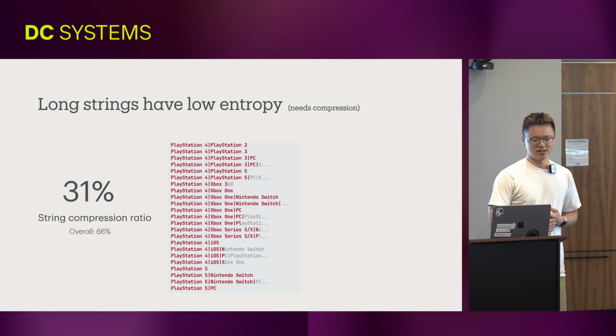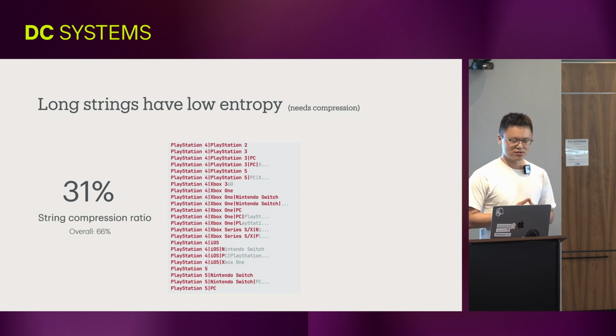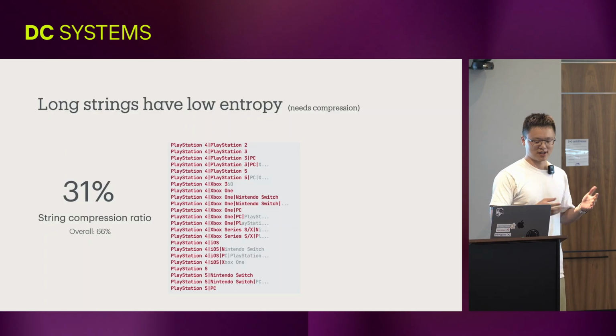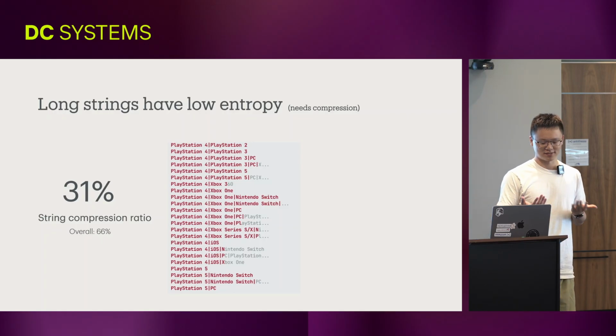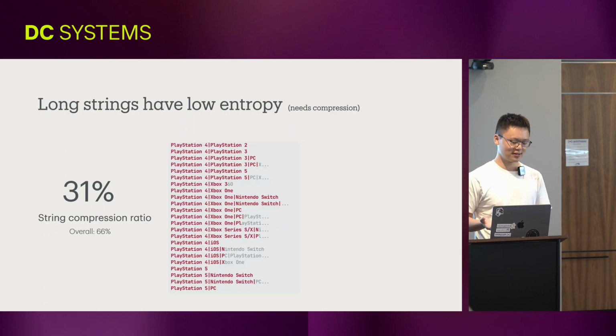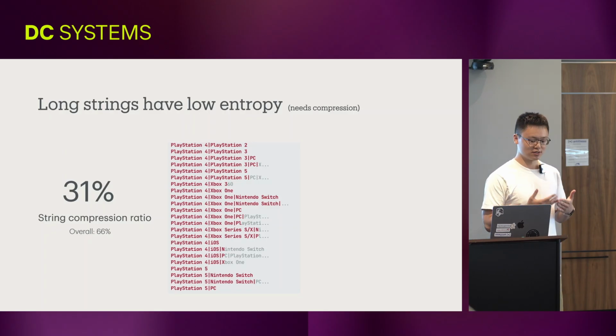We calculated that the string compression ratio is 31%, meaning that 100 bytes goes to 31 bytes after compression, while the overall compression ratio is 66%, confirming that strings have lower entropy than other data, meaning that they need to be more compressed.